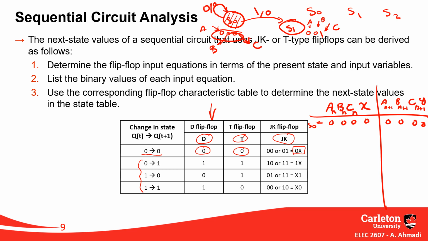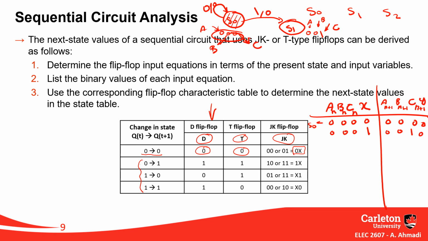If I'm at state 0, 0, 0, and my input is 1, my state will change to 0, 0, 1, because we are going to state S1, which was coded as 0, 0, 1, and output will be 0.